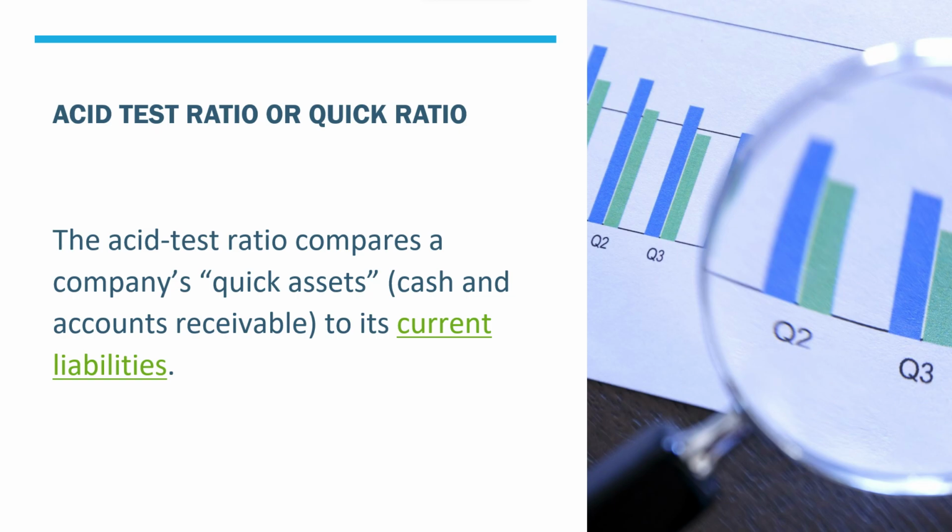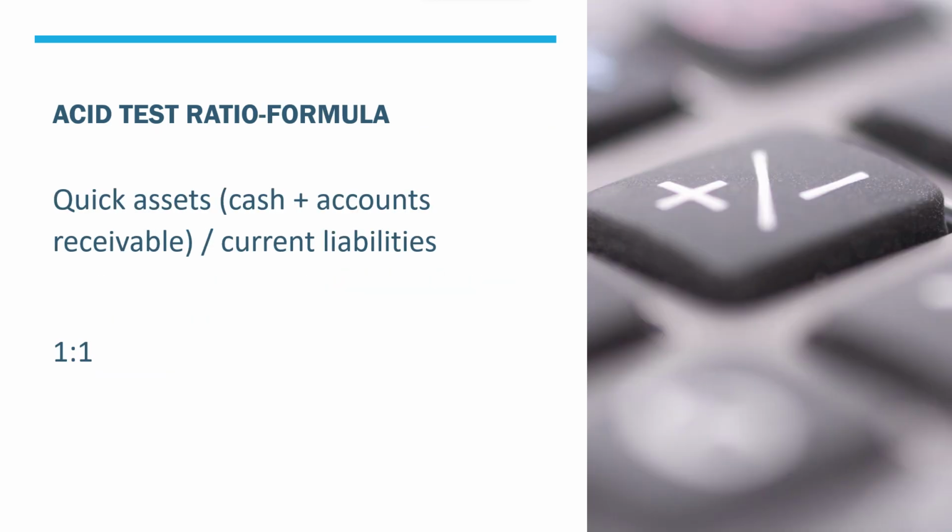The formula for calculating an asset test ratio is quick assets, that is, cash plus accounts receivable, divided by current liabilities. This determines how many dollars a business has available to pay each dollar of bills it owes. Ideally, a business should have an asset test ratio of at least 1 to 1.